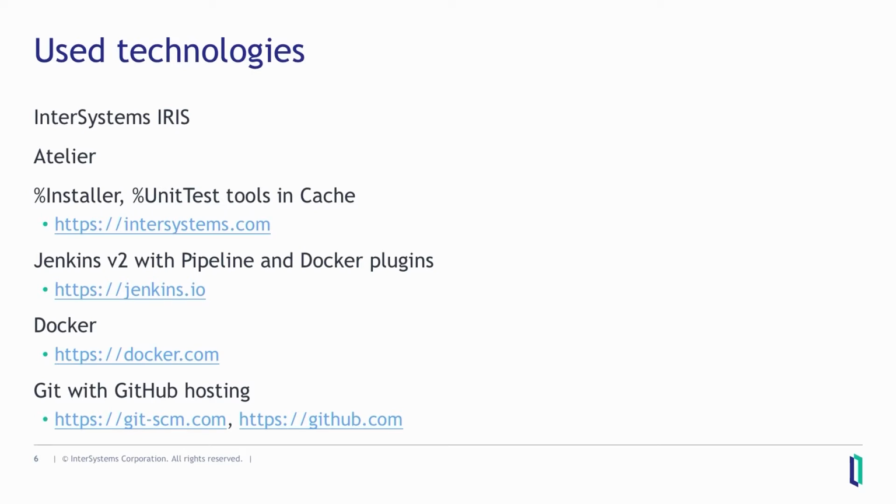We will use Jenkins version 2 with pipeline and Docker plugins, which you can get from jenkins.io. We will use Docker itself, which comes from docker.com. And for source control, we will use Git, which is a source control system originally written by Linus Torvalds, and GitHub, which is a hosting site for your Git source control. And that's pretty much it.